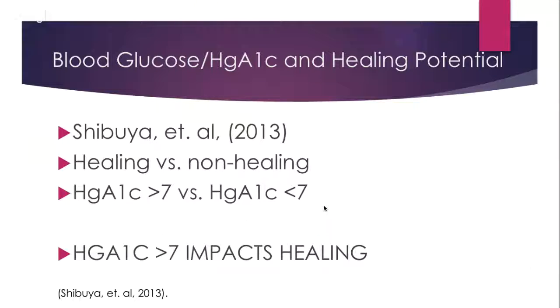And this group found that it did in fact impact the healing. So this study again said that those patients who had a hemoglobin A1C greater than 7, it did in fact impact the healing potential of their wound.